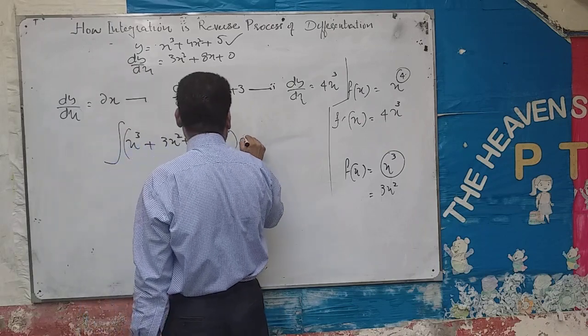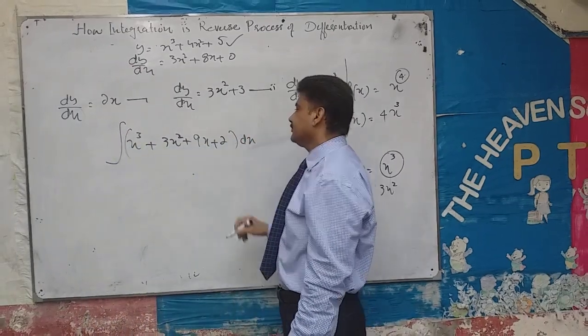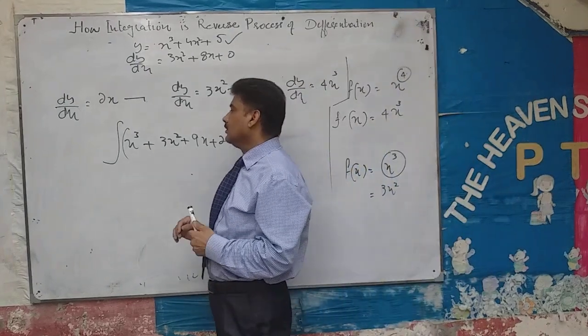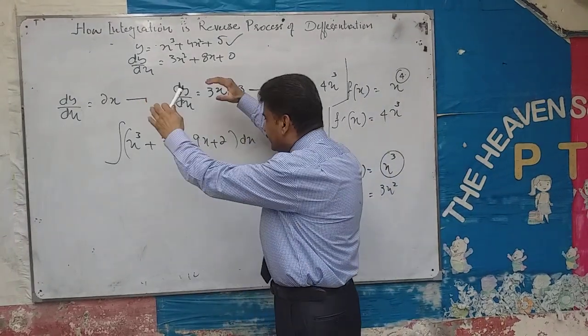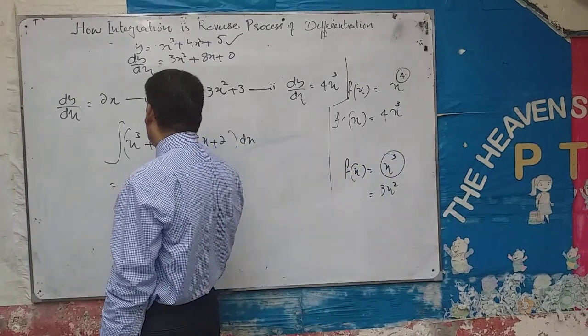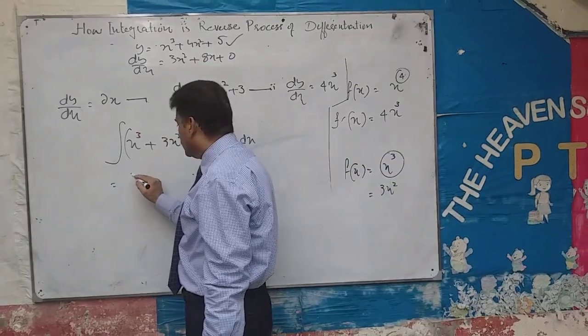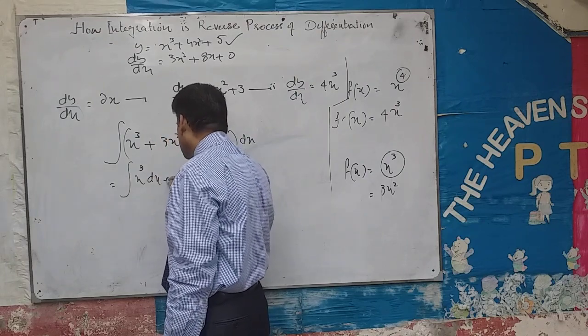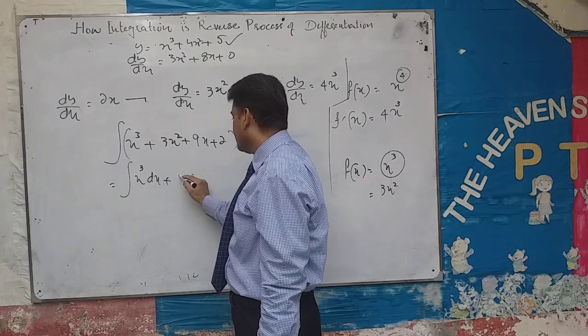Suppose we have to integrate this function. First of all, we have to reduce its strength. We integrate each portion separately.